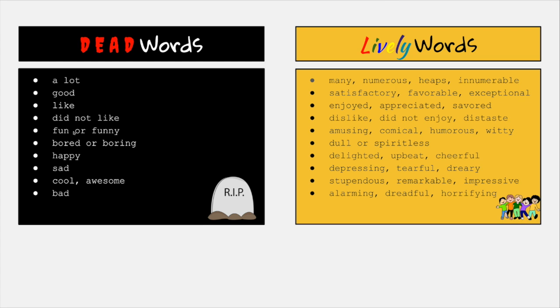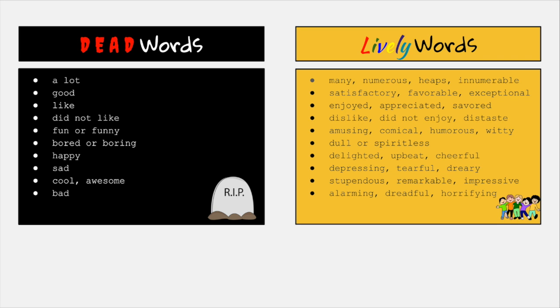Instead, we are going to use lively words. Instead of saying a lot, we're going to say many, numerous, heaps, or innumerable. If something was good, satisfactory, favorable, you could even go so far as to say it was exceptional. You liked the book, say you enjoyed it, you appreciated it, you savored it, you relished it.